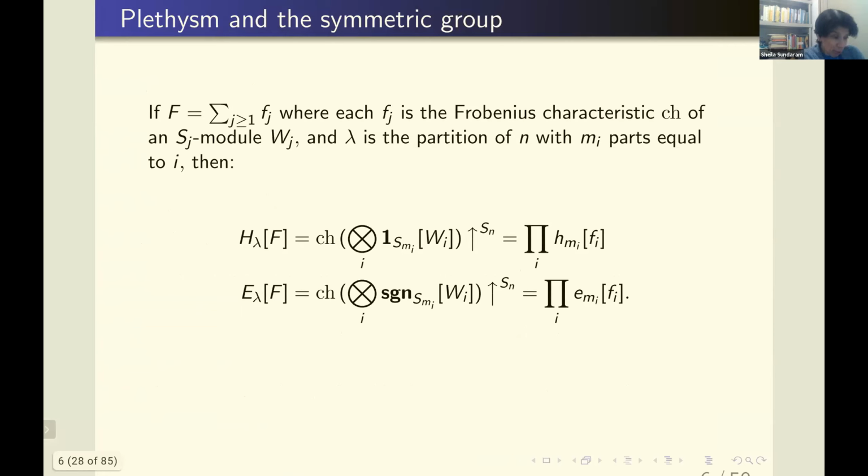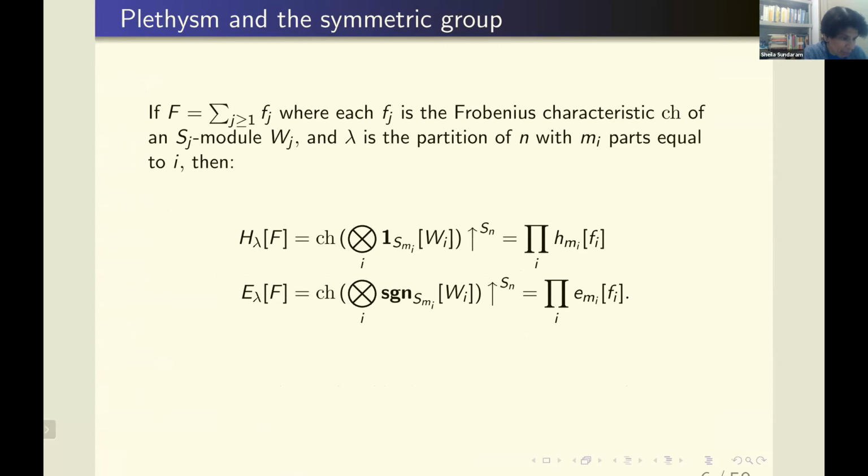Now if you're in the symmetric group, however, this really depends on your preference, it's a little more involved because you have to talk about Rees products, and Rees products are messy. But you get used to it. So what's H lambda of F?